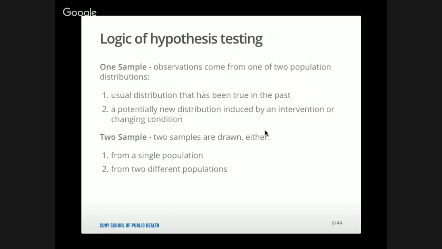And then with two samples, instead of one, we draw two samples, and they either come from a single population or from two different populations. And these correspond to our null and alternative hypotheses in these two examples.